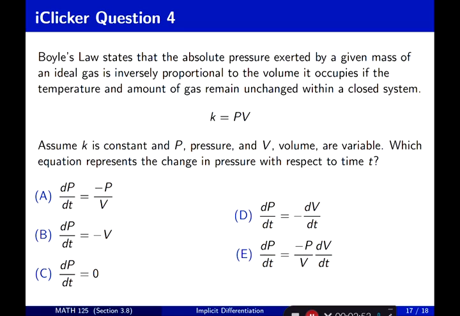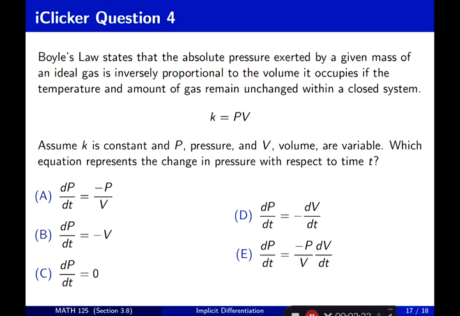If the temperature and the amount of gas remain unchanged within a closed system, the constant K is equal to P times V. Assume K is constant and P, pressure, and V, volume, are variable. So two things are changing, one of them is constant. Which equation represents the change in pressure with respect to time t?